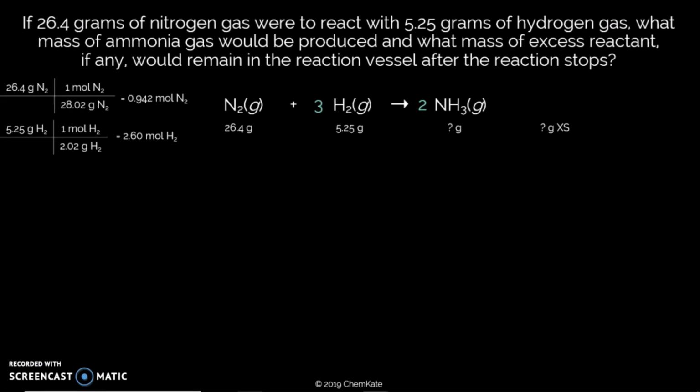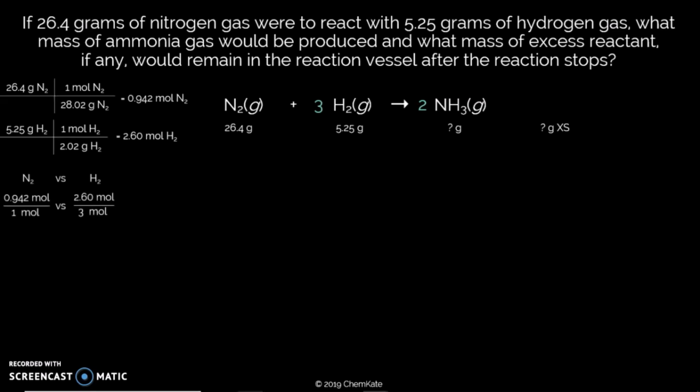Now, what we need to check is whether the nitrogen to hydrogen is a 1 to 3 ratio. Is the amount of hydrogen 3 times larger than the amount of nitrogen? If you can tell right away that it's not, then you can go ahead and label the hydrogen the limiting reactant. If you can't tell, or the numbers aren't as easy to see, if it's a little bit more challenging, then over on the side, you take the given amounts and check the limiting reactant this way.